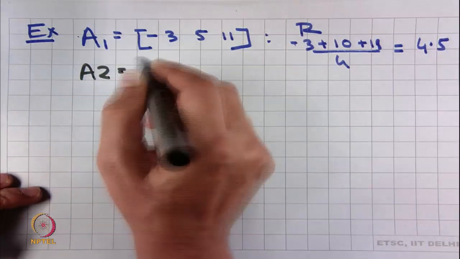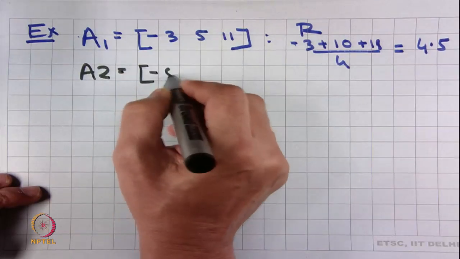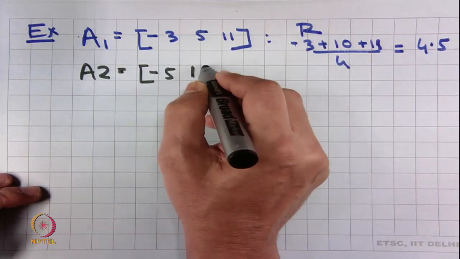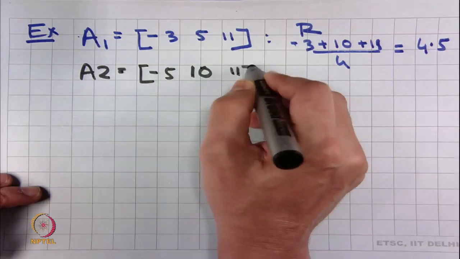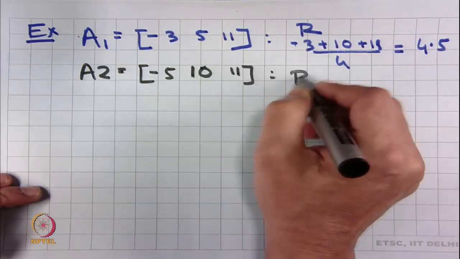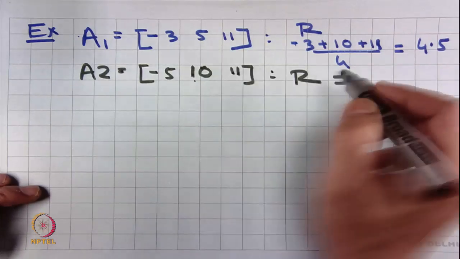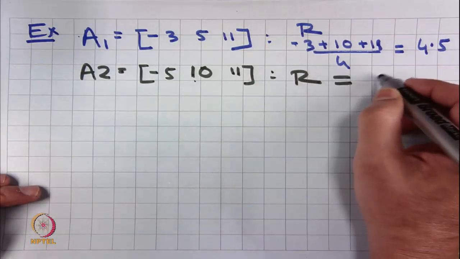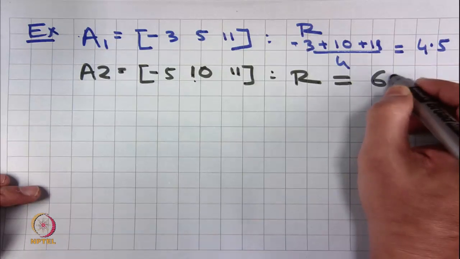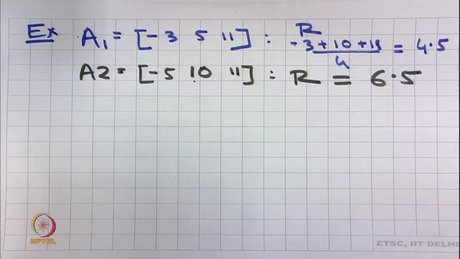A2 is equal to minus 5, 10, 11, and therefore, R is equal to 20 plus 11, 31, minus 5 is equal to 26 upon 4, which is 6.5.